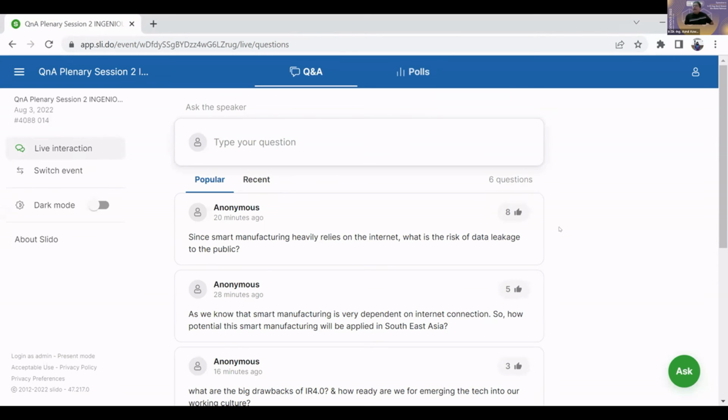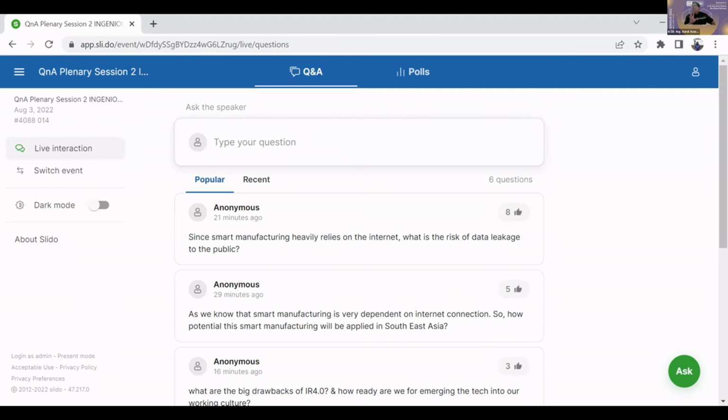I believe from my presentation you can see that there is a difference between cyber physical system, cyber physical production system, and also Internet of Things and Industrial Internet of Things. Definitely, whenever we would like to implement this kind of technology, we need to have cyber security in our manufacturing system.